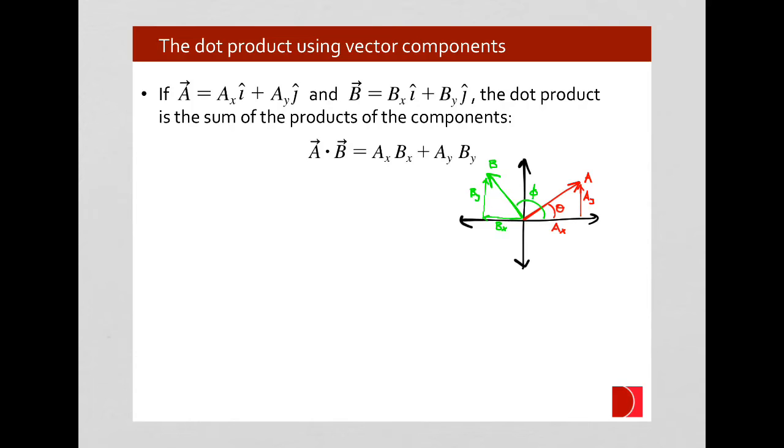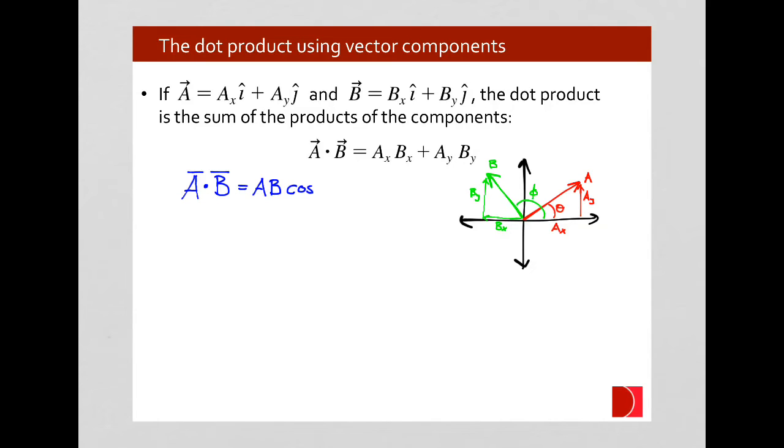And when we try to combine these values, basically we're saying that the dot product of A dotted with B should be the magnitude of A times the magnitude of B times the cosine of the angle between the two.